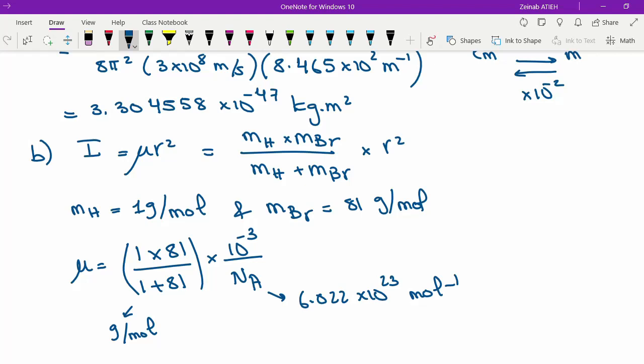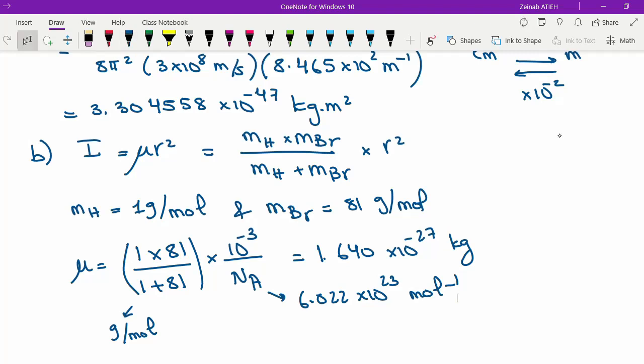So in this case, mu will correspond to the reduced mass of a single molecule. Calculating this will give us 1.640 times 10 to the power minus 27 kilogram. So this is the reduced mass of a single molecule in kilogram.